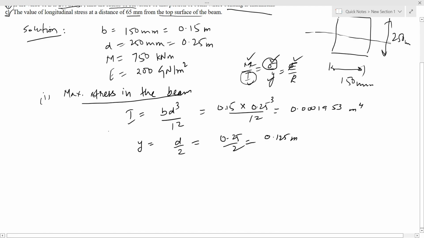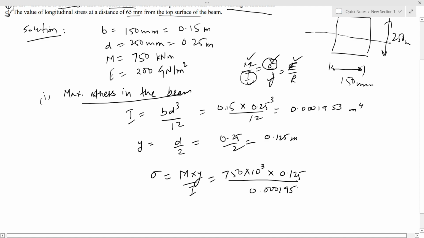Making sigma the subject, sigma will be equal to M into y upon I. M is given as 750 into 10 to the power 3 because it is given in kilonewton meter, into y 0.125, whole divided by 0.001953.